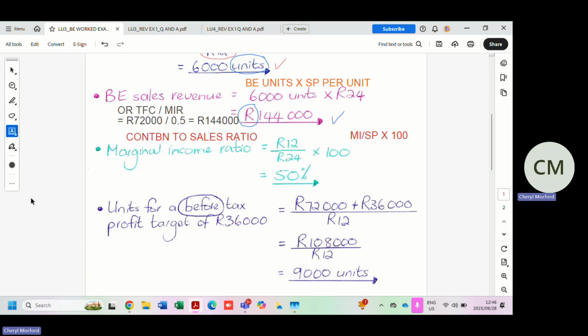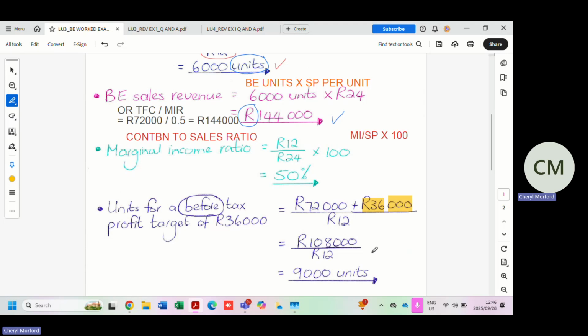So you see what we do over here. We go and we take that profit and we add it to the top. So it's the fixed cost plus the before tax profit gives us a total amount of 108,000, pardon me, that we need to have enough units to cover.